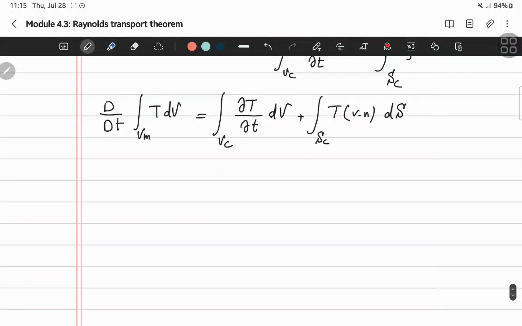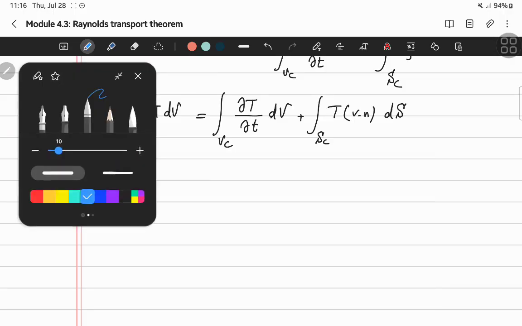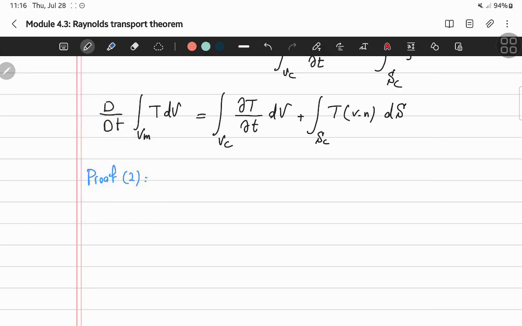Okay, so the next approach for proving Reynolds transport theorem is basically using the reference and the deformed configuration.